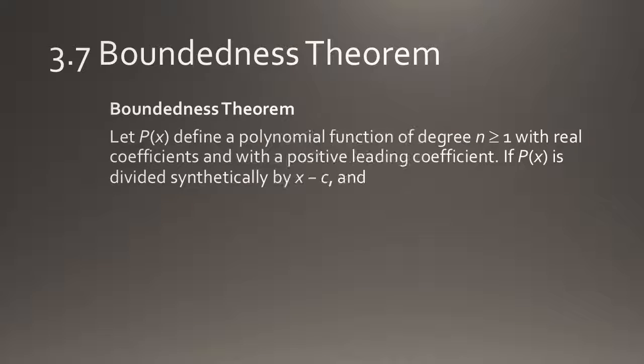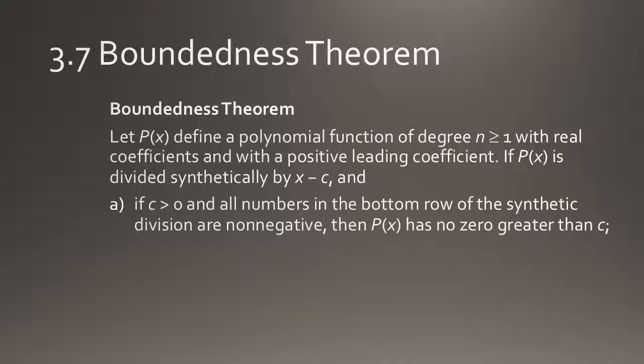We also have a boundedness theorem, and again, you're not going to have to actually perform this, but I do want you to be aware of it. It says let p of x define a polynomial function of degree n greater than or equal to 1 with real coefficients and with a positive leading coefficient. If p of x is divided synthetically by x minus c, and if c is greater than 0 and all the numbers in the bottom row of the synthetic division are non-negative, 0 or positive, then p of x has no zero greater than c.